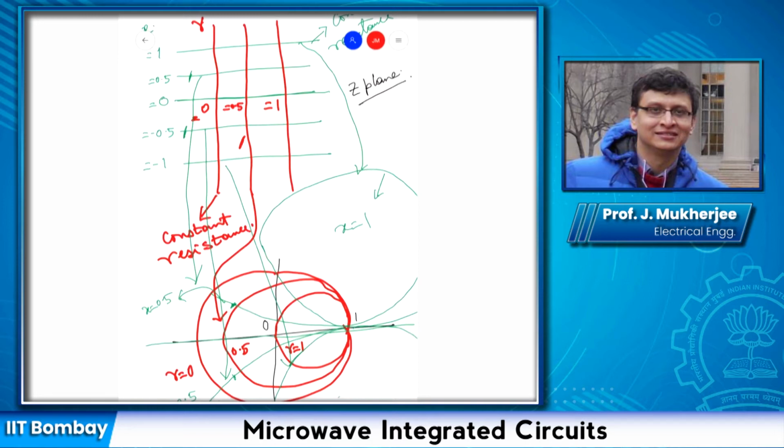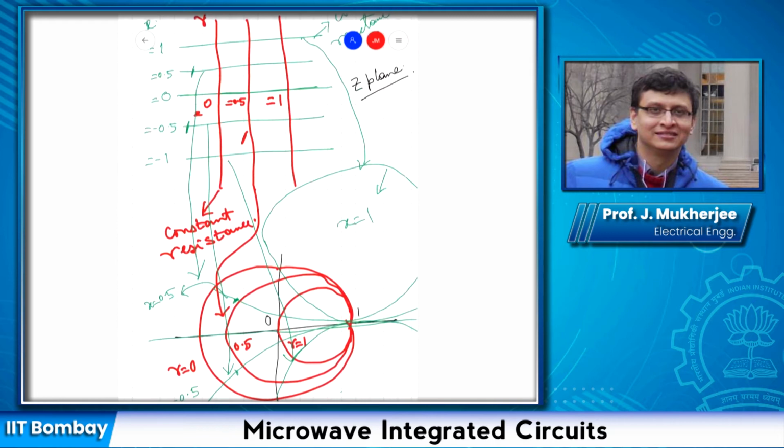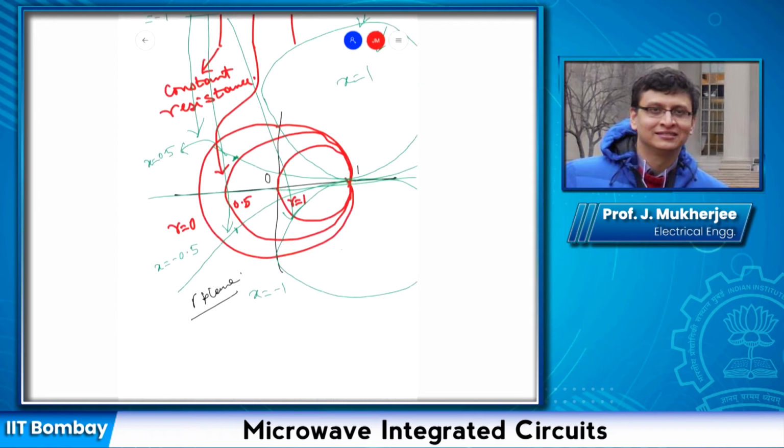Now one thing to note is, let me redraw the Smith chart. So this particular diagram with this circle having radius of 1, this outer circle, so this point is actually minus 1, 0. This point is 1, 0.